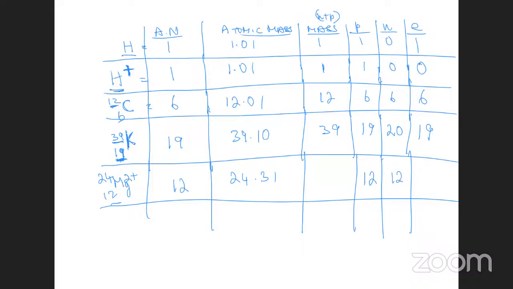The mass number is given as 24, the higher number here. What happened to the electrons? The original atom would have 12 to match the number of protons. So you take away when it is positive. If I take away this 2 from the 12, I get 10.